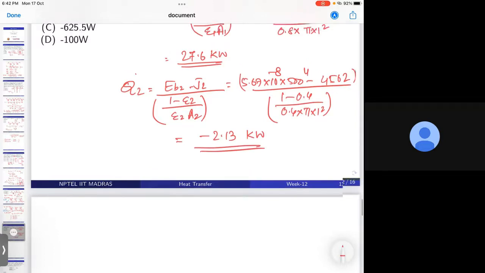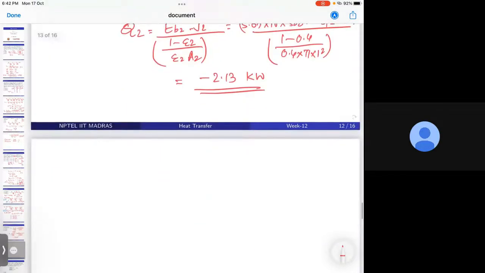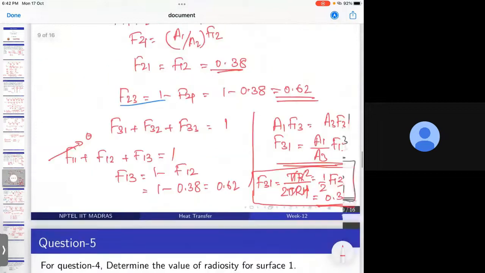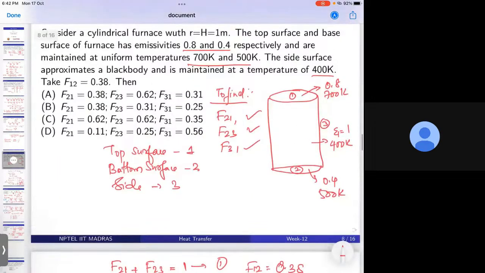So if you see, you can directly write Q3, because whatever is emitted from the first body, part of it is falling on surface 3, and part of it is falling on surface 2.